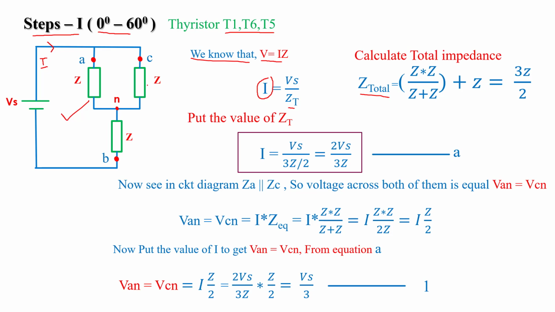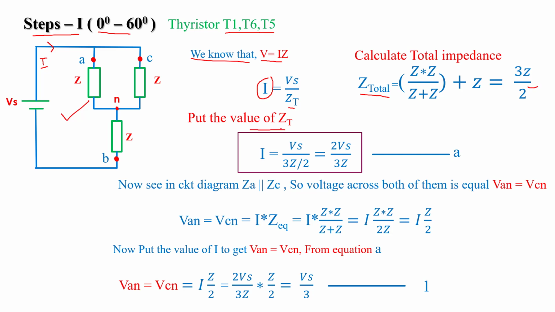The parallel impedance is Z multiplied by Z divided by Z plus Z. And phase B is connected in series with phase A and C, so plus Z. After solving this equation, we get 3Z by 2. So this is the total impedance.